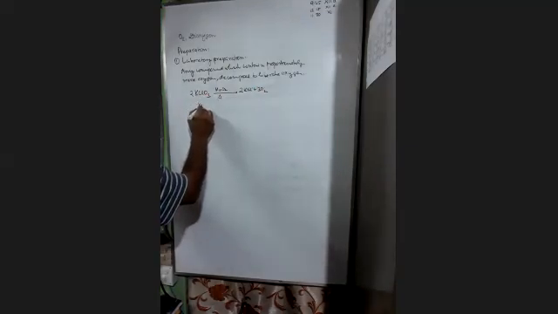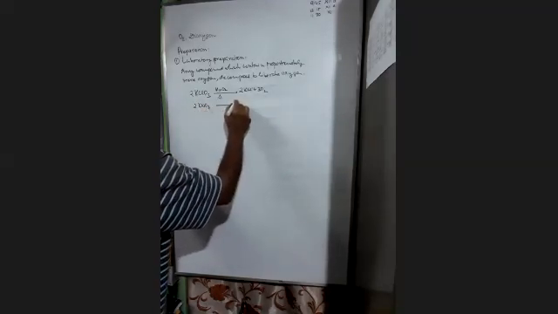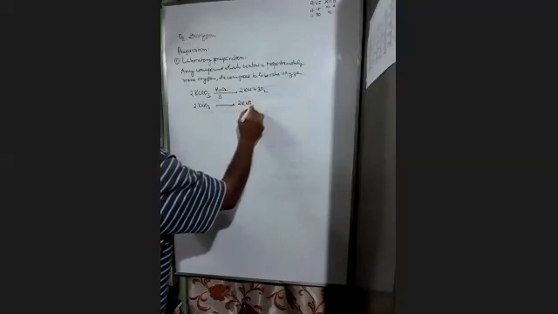Okay. Now I'll write here potassium nitrate or sodium nitrate. See here 1:1:3. So if you heat it, here you don't require a catalyst. You will get potassium nitrite plus oxygen.